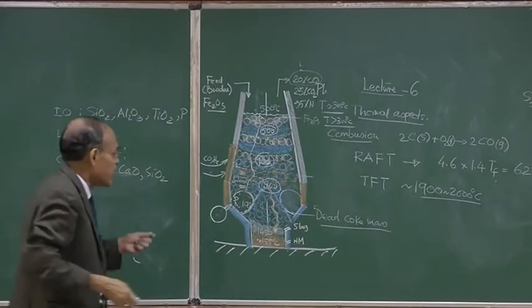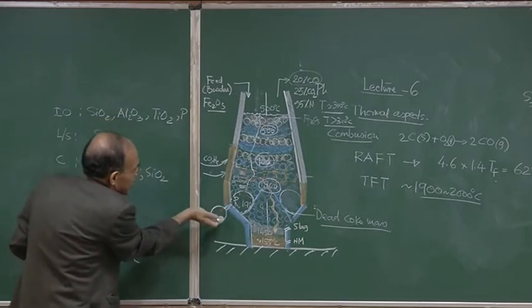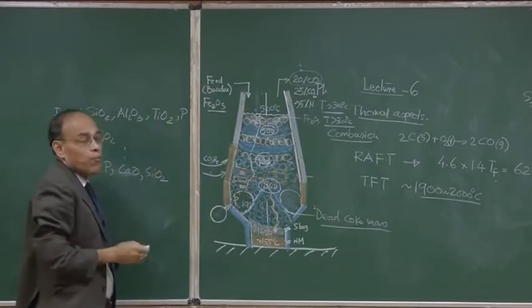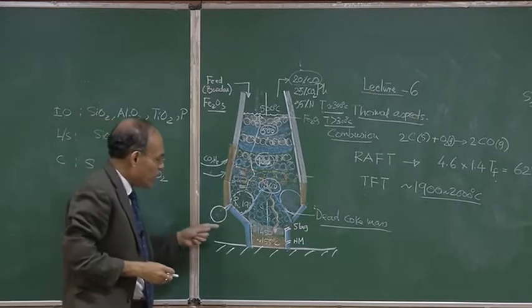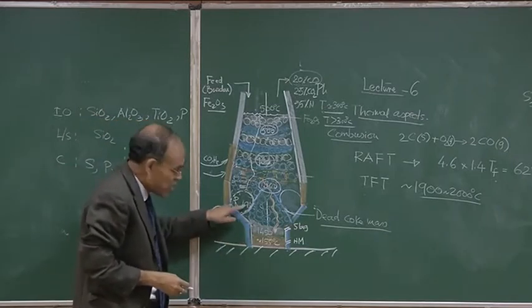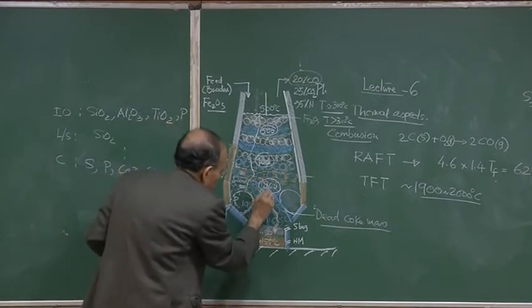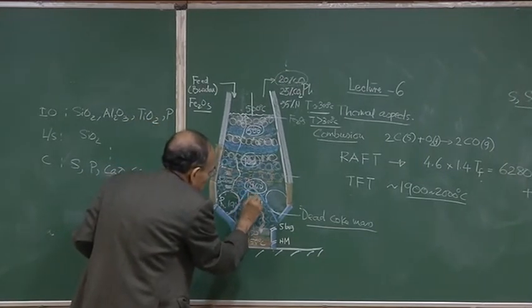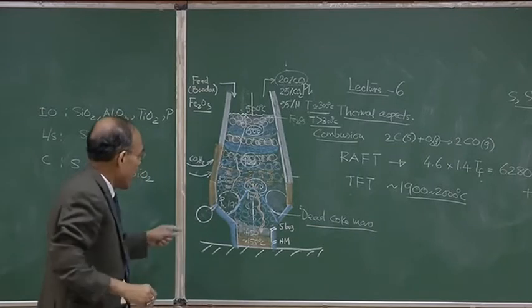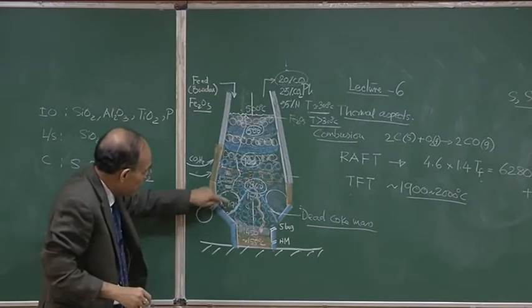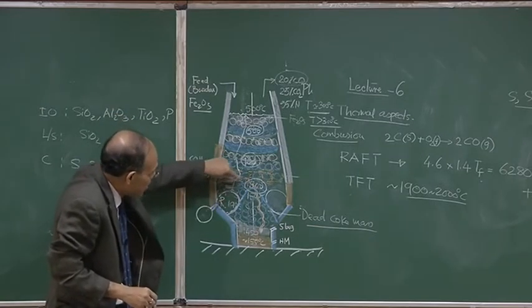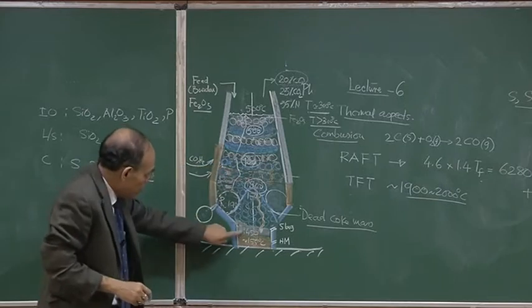We must understand the gas has a predominant tendency to advect heat in the upward direction. So, even though this is 1900 degree centigrade, this part could be about 1300 to 1500 degree centigrade, and here it could be about 1800 or 1700.